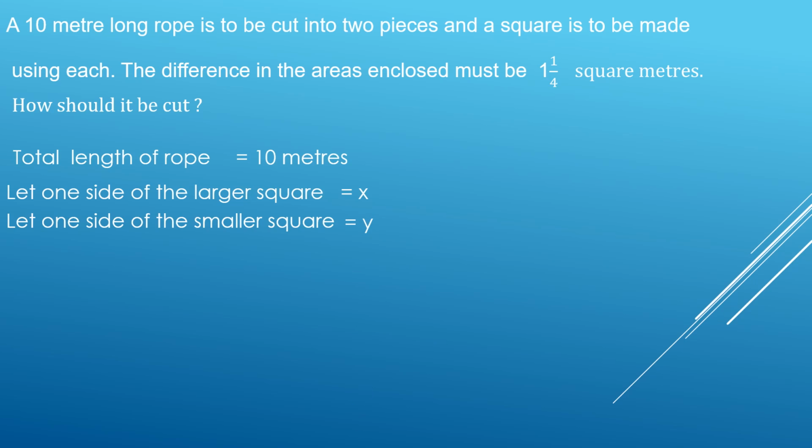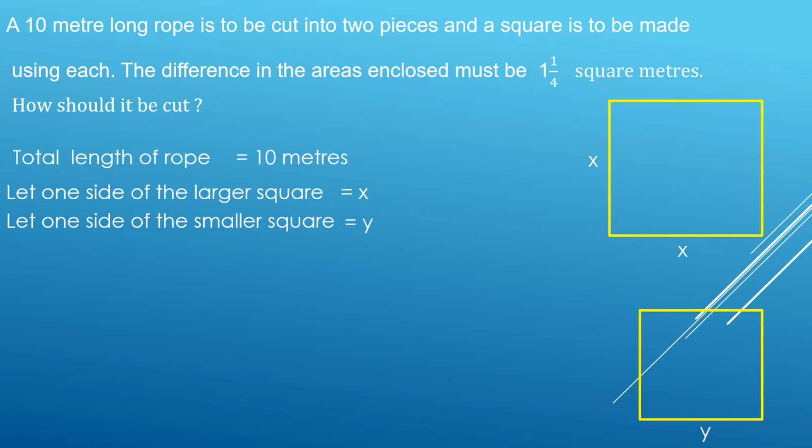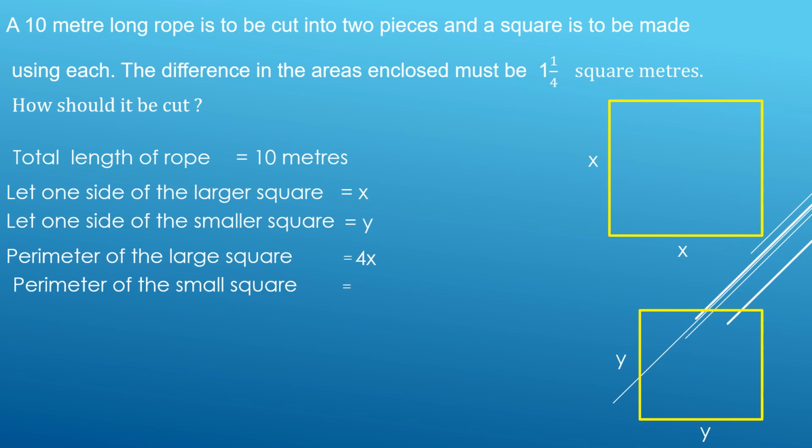Now we have two squares, one with side x and one with side y. So my question is next. What is the perimeter of large square? Perimeter is 4 times side, that is 4x. What is the perimeter of small square? It's 4y. Good.